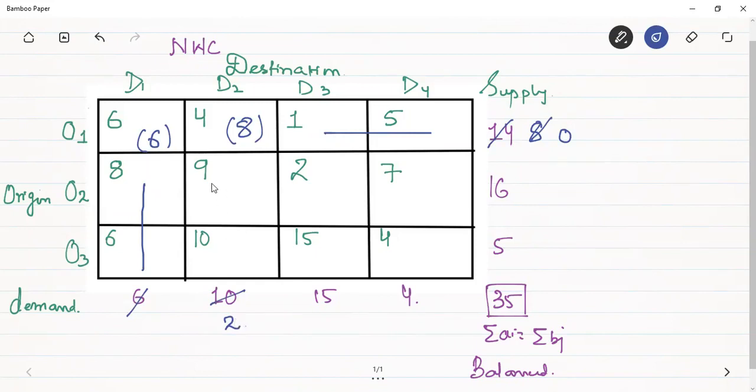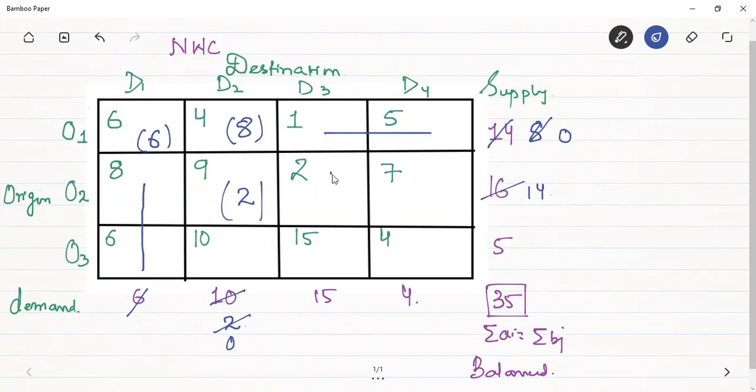Now coming back here, this is the northwest cell. Here we can see that it belongs to origin second and destination second. For the origin second, the supply is 16, but the demand left for destination 2 is only 2 units. Therefore, 2 units will be supplied here. This will get exhausted now, and here we will be left with 14 units.